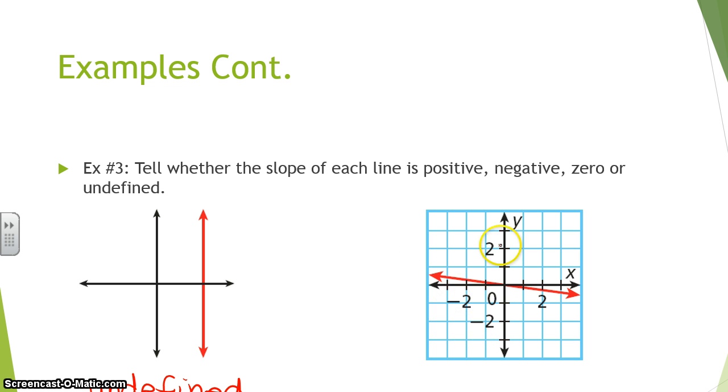And my second graph here, notice we have our linear line starting at the top and going down. Think of skiing down a hill. This is going to be a negative slope. So that's it for the third example, just recognizing slopes and labeling them.